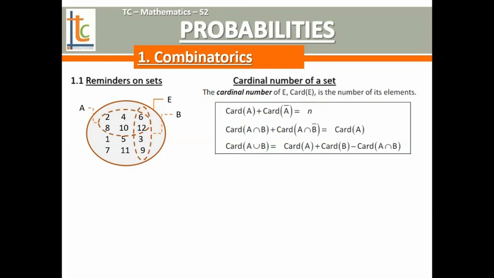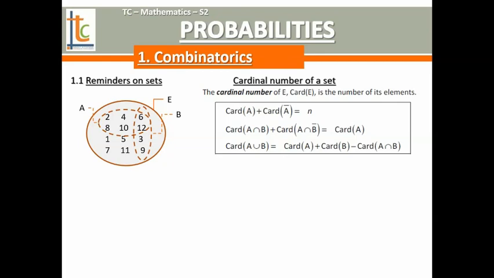There are three main formulas that are very helpful, and they are associated with the definition of the operations in sets. The first one is a very simple one. The cardinal of A plus the cardinal of A bar equals n.